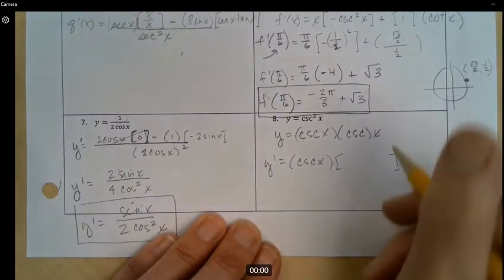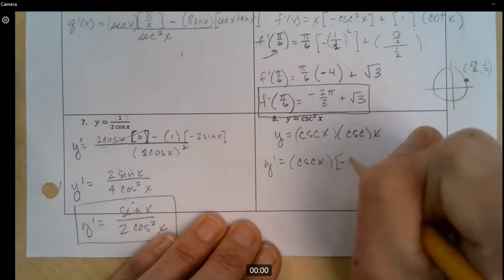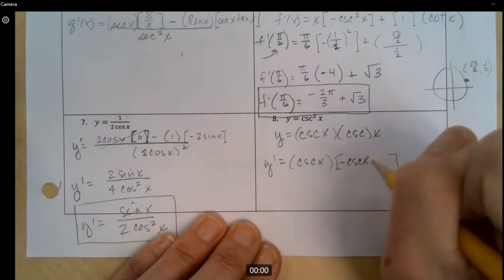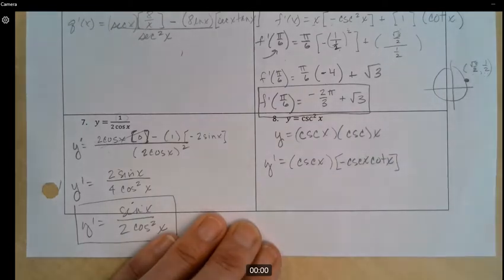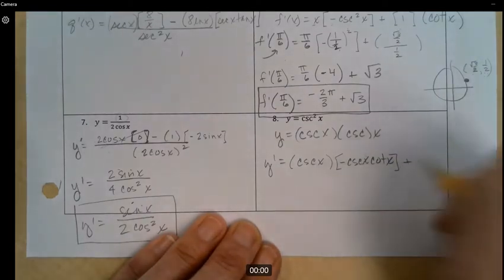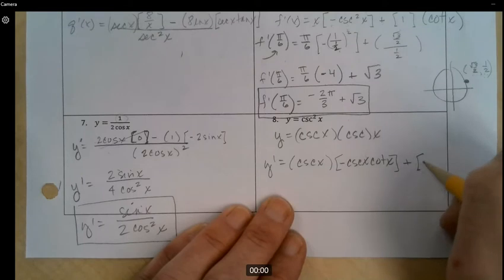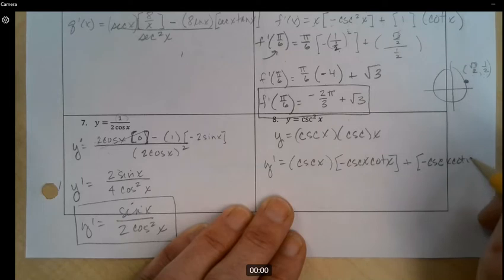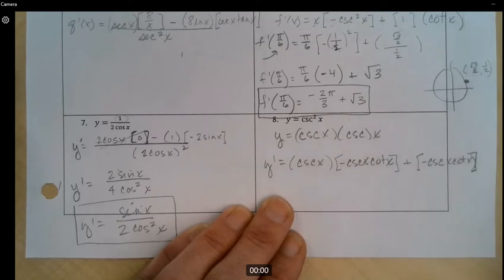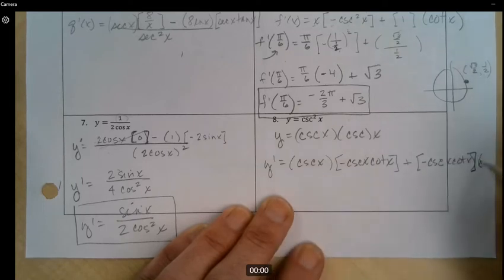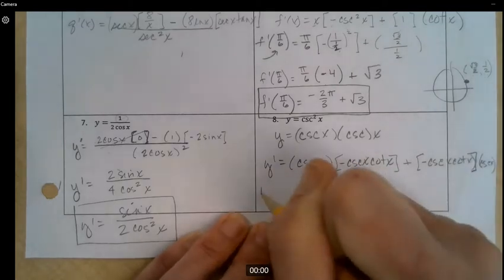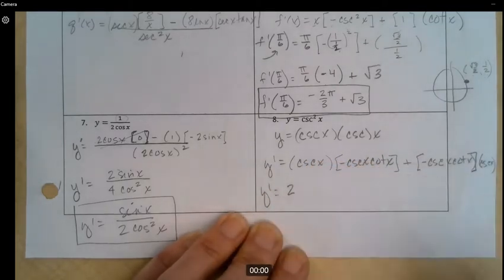And the derivative of cosecant is opposite of cosecant x cotangent x, plus the derivative of my first, which is the same thing, times my second. Everyone see that that's going to be just 2. This 2 comes out front.